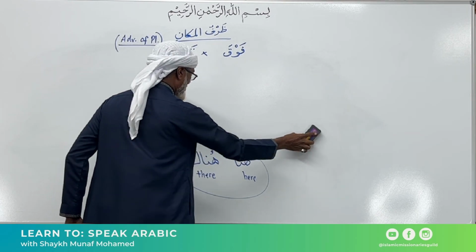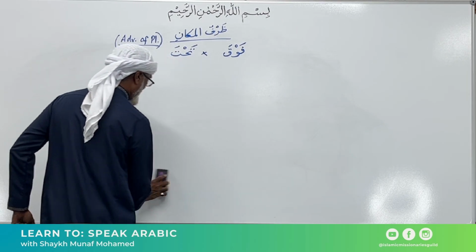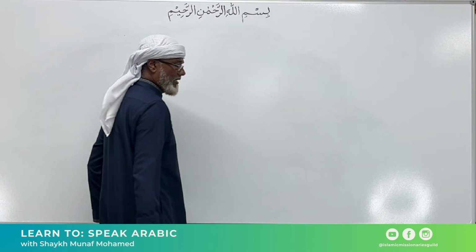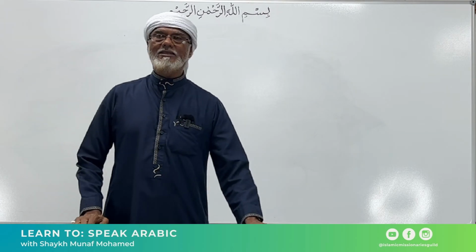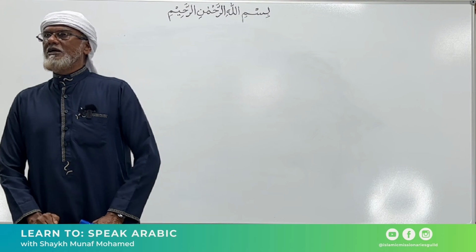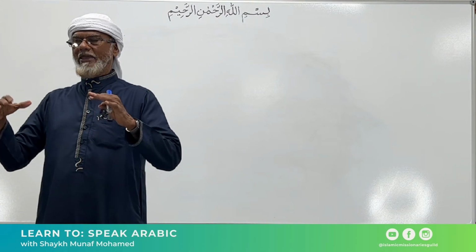And all the time we are still looking at the trilateral verbs, all right? Trilateral verbs. Those are the verbs that have three letters only. So they are called al-thulathi al-mujarrad, the trilateral verbs that are stripped from extra letters.